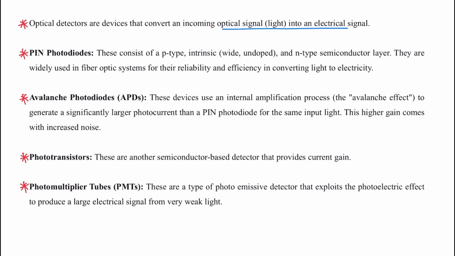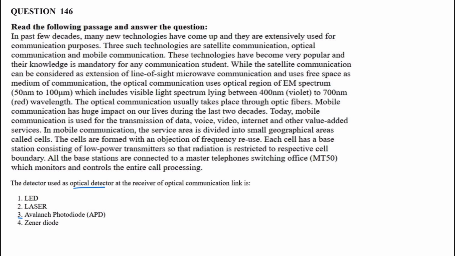Different optical detectors are PIN photodetector, avalanche photodetector, phototransistor, and photomultiplier tube. From the options, LEDs and lasers are light sources in optical fiber communication. Zener diode is a voltage regulator. Therefore, the correct answer is avalanche photodiode, which is an optical detector.